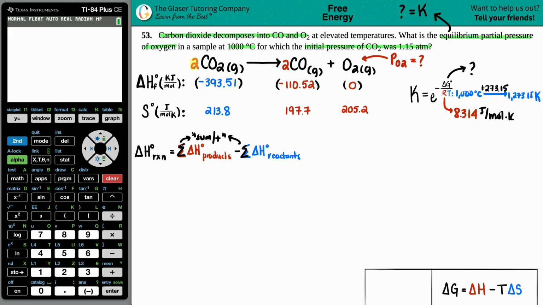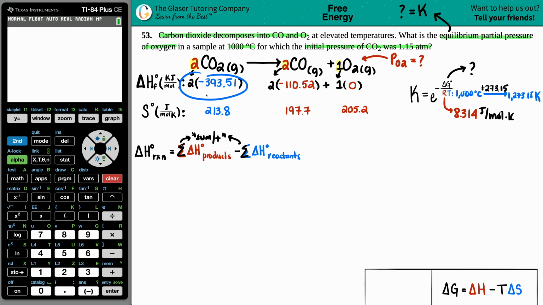So I had 2 CO2s. So I will multiply the negative 393.51 times 2. I had 2 COs. So I times that number by not 1, but 2. And I had only 1 O2, so technically I'll times the 0 by 1. I will add the product side, because I need to sum it up. Literally, it's CO plus O2 to get that summed up number. But let's just do the reactants first.